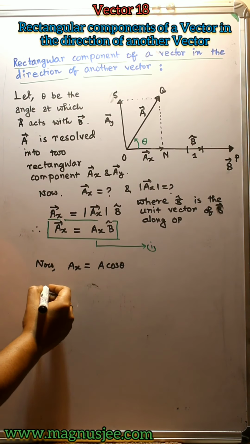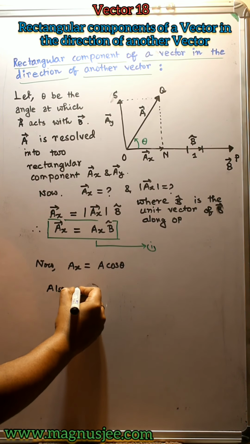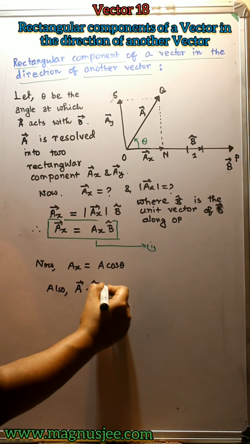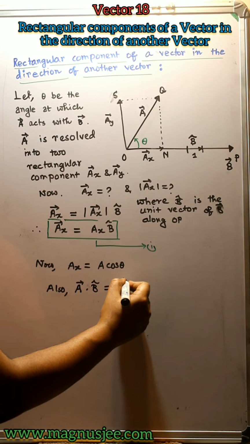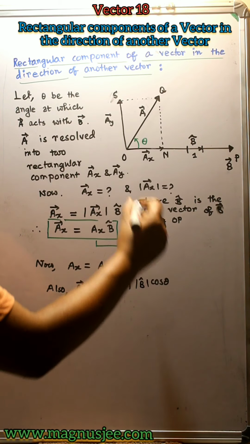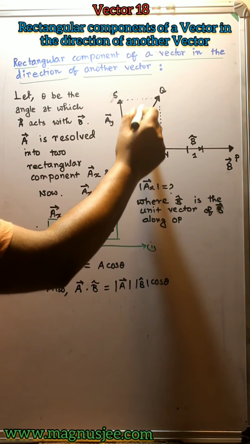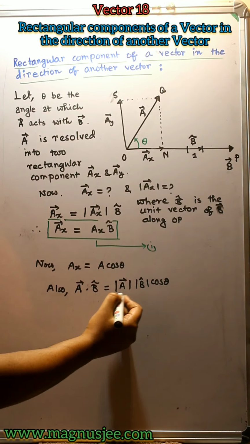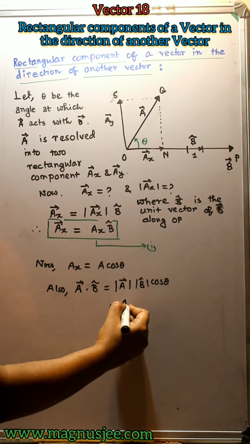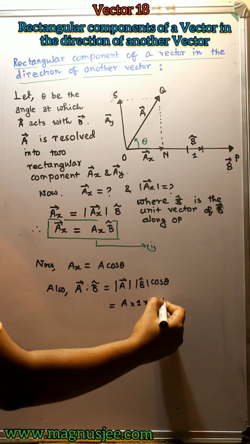Also, vector A dot B cap equals mod vector A, mod B cap, cos theta, because the angle between vector A and B cap is theta. Vector A acts at an angle theta with the unit vector B cap. So A into 1, since mod B cap is 1 because B cap is a unit vector, cos theta.